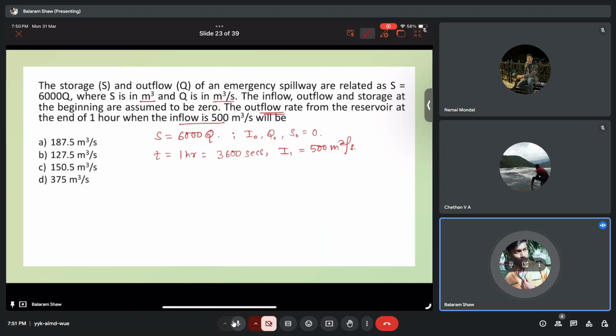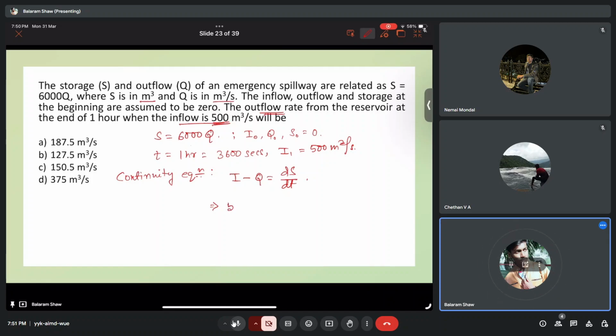You just use the continuity equation. We have the continuity equation as, the mass balance equation, right? I minus Q is equals to dS dt, right? I is given as 500 meter cube per second.